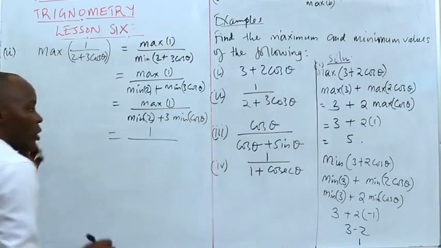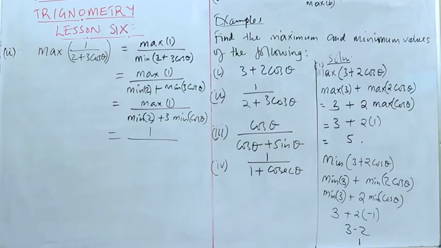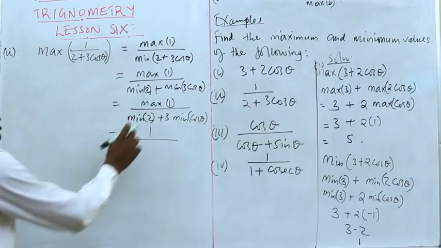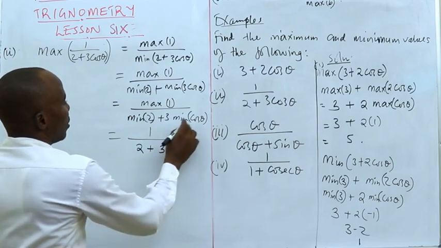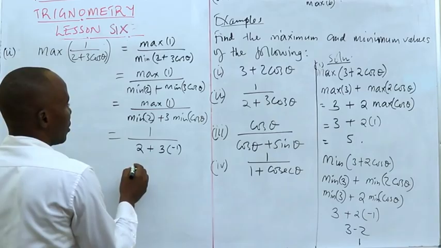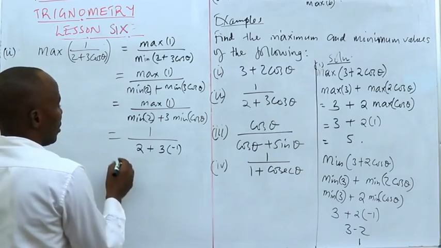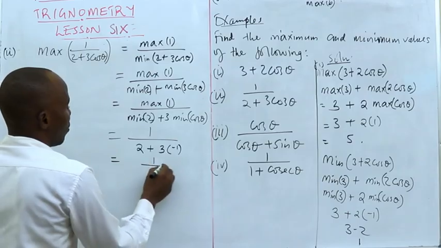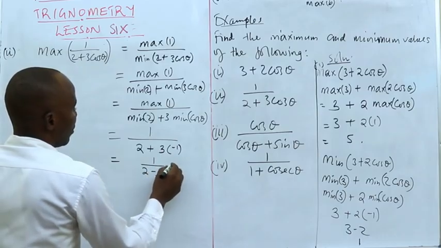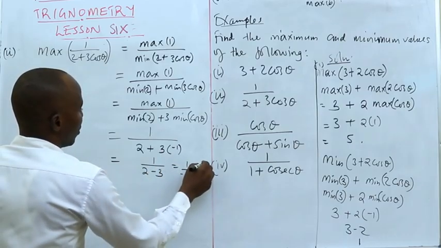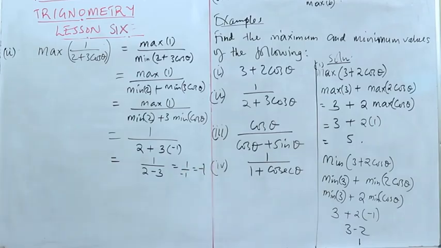We've said for the constant, its maximum or minimum is not affected. And this is 2 plus 3 into negative 1. So you have 1 over 2 minus 3, which is 1 over negative 1, and this will give you a negative 1 there.